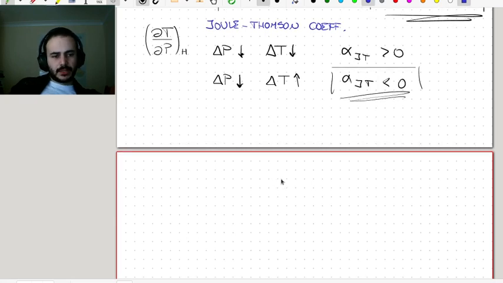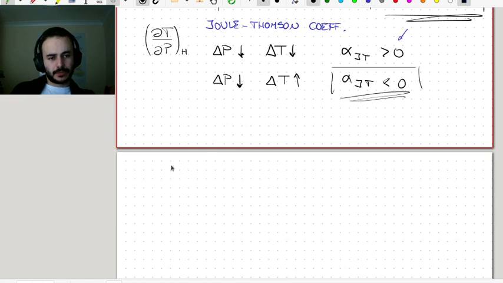Just so that you know, at the normal pressures and temperatures that we normally operate with, most gases are in this situation: the Joule-Thomson coefficient is positive. So it means that when you expand, they cool down. But there are some exceptions, like hydrogen or helium or neon. In those cases you are in this dangerous situation, at just room temperature. Of course, if the temperature is much lower, then you jump back into this region.